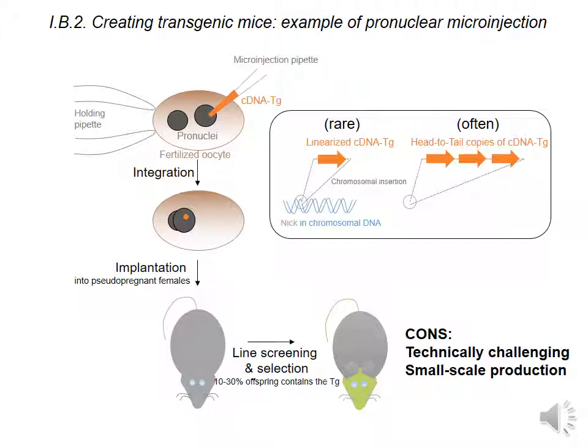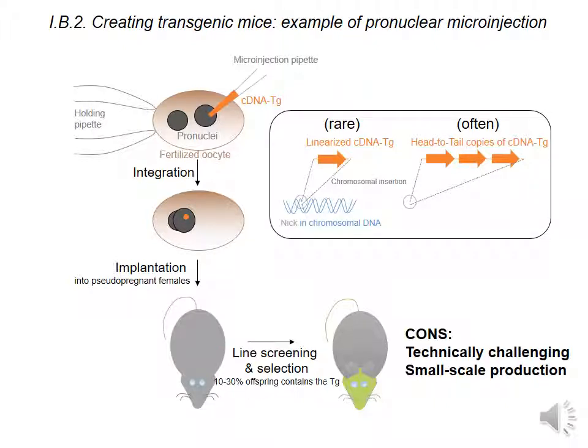Once the injection has occurred, we let the nuclei integrate and fuse. Then we follow up with implantation of these fertilized oocytes into pseudo-pregnant females. After that, the offspring that these females produce will contain between 10 to 30% transgenic animals.